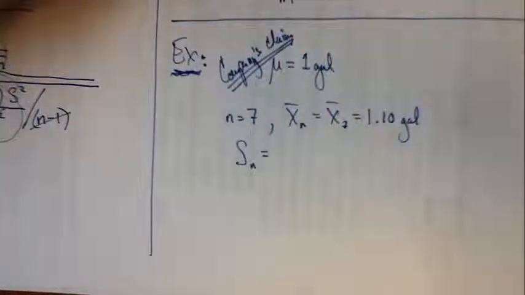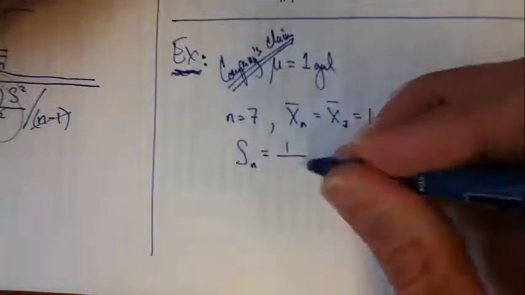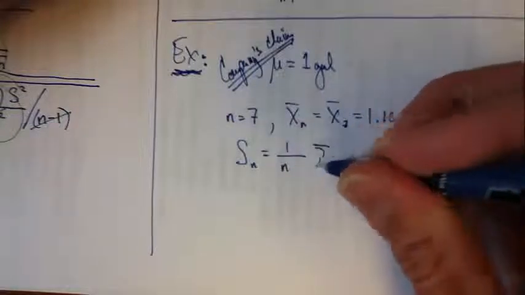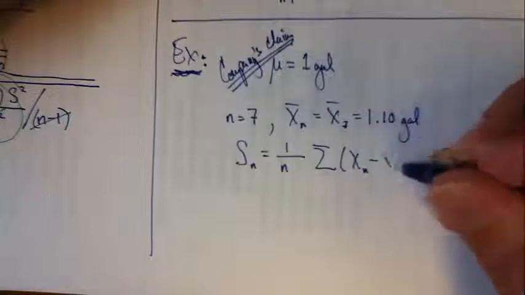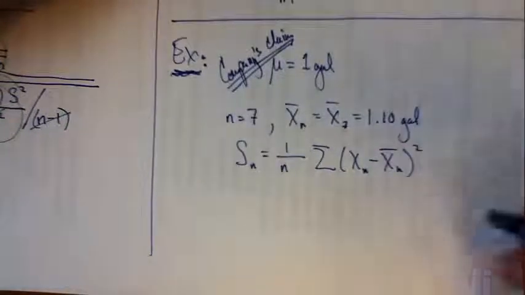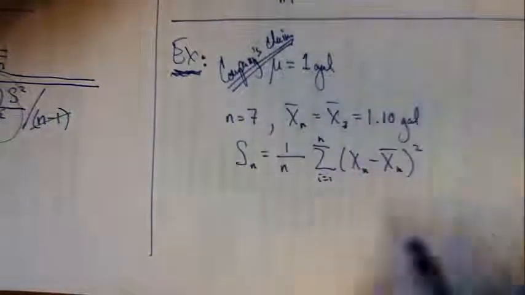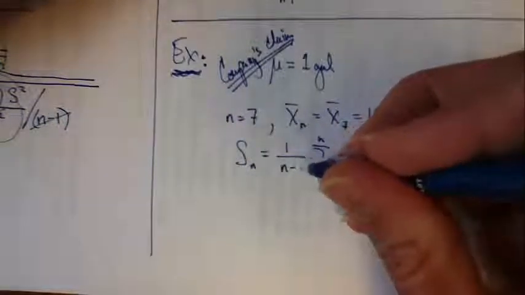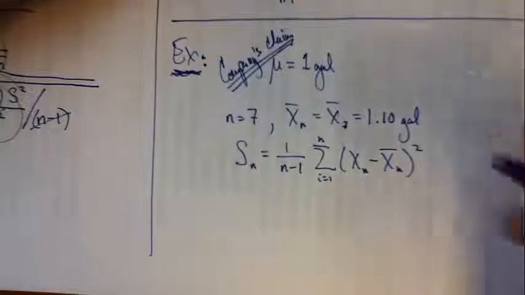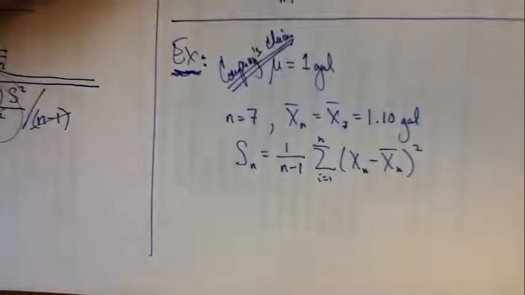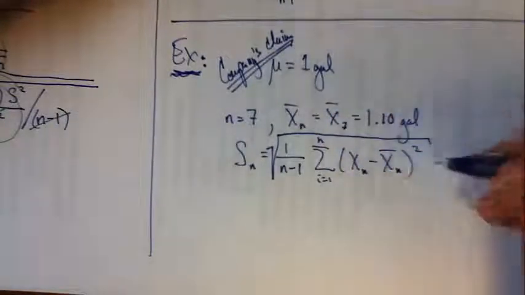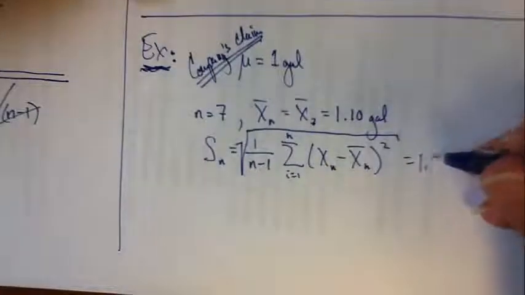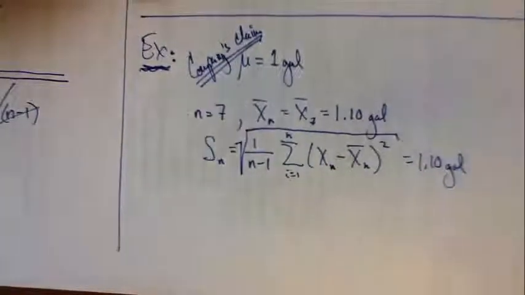And what is that? It's like the average squared deviation from the sample mean, from 1 to n, but it's not quite just the average. You take 1 off the bottom there. It's almost the average, and then you take the square root of the sample variance, and that turns out to be, let's say, 0.018 gallons.